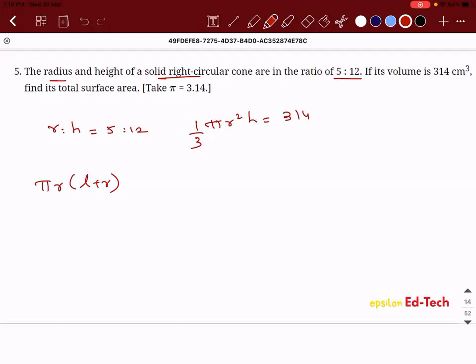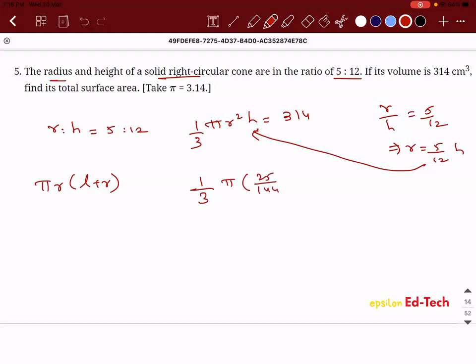Yes, sir. So R by H is equal to 5/12, which implies R is equal to 5/12 times H. Take this and substitute it here. So once you substitute it, you will get 1 by 3 into pi into 25 by 144 H square into H is equal to 314. So pi you can take it as 3.14. This goes 100 times. H cube will be equal to 300 divided by 25 into 144.